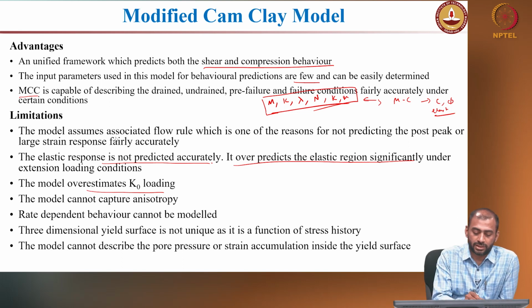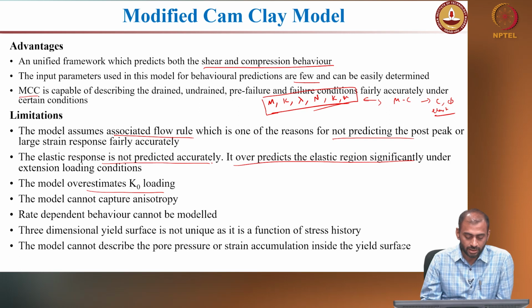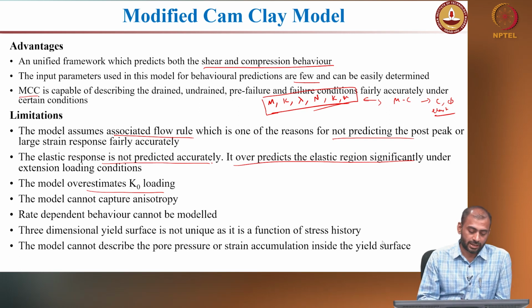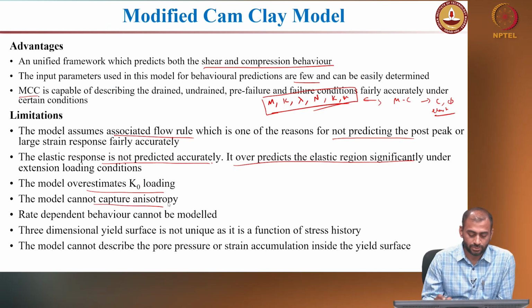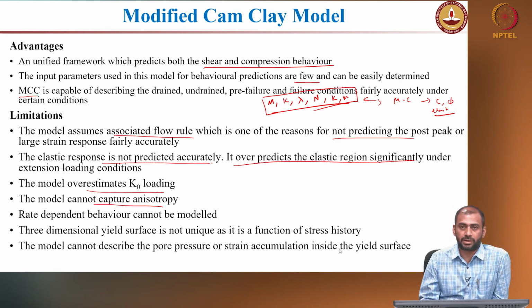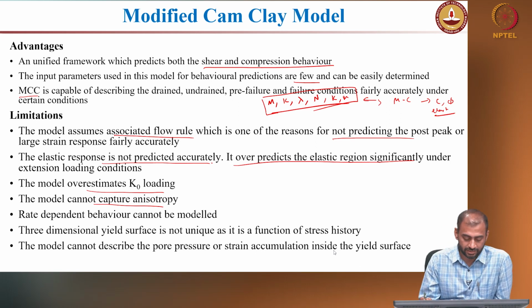Again, we are using an associated flow rule, and that is one of the reasons for not predicting the post peak response fairly accurately, right. Like original Camp-Clay, this also does not capture the anisotropy, and the rate dependent behavior cannot be modeled, right. The 3-dimensional yield surface is also not unique, and this is a function of stress history, right. These are some of the limitations.